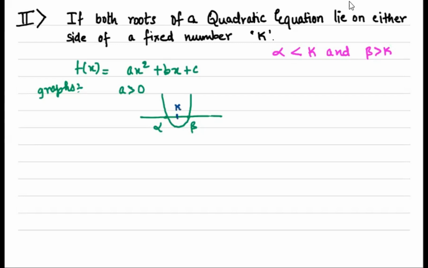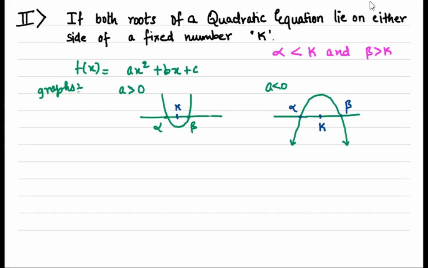Or else I could have a graph for a less than 0. So it would look something like this, a parabola opening downwards. Again, we have a fixed number k here, and this is alpha, and this is your beta. So these are the only two possible cases we have of the graphs, isn't it so?